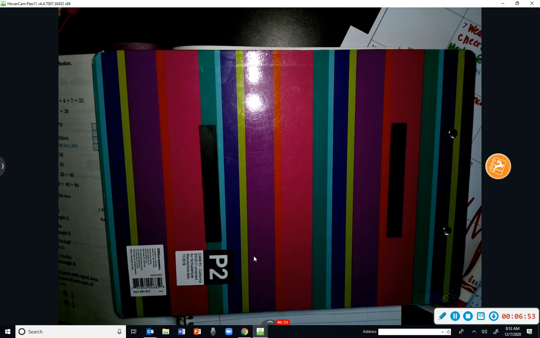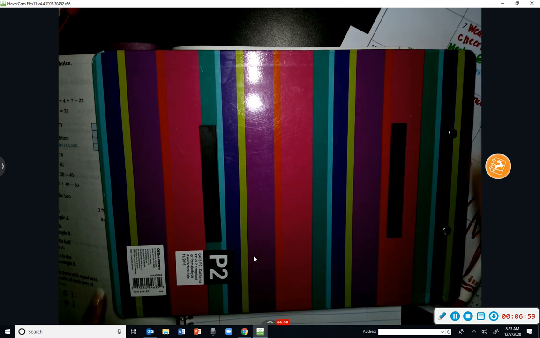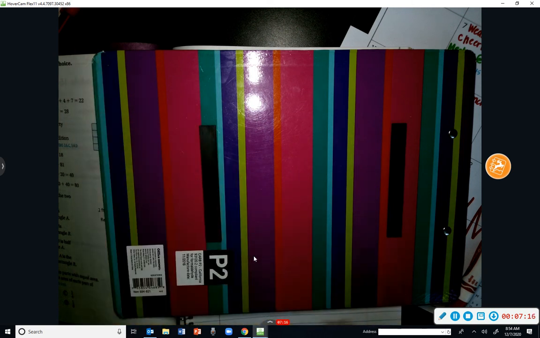If I want to know the perimeter of this clipboard, what would I have to do? Add all the numbers, but we would have to measure it first, right? So I would measure around the outside, right?